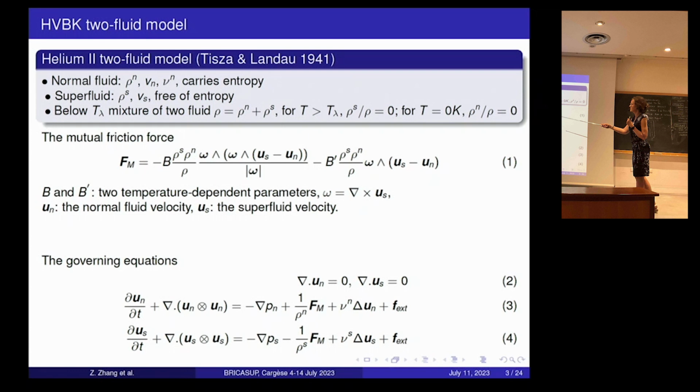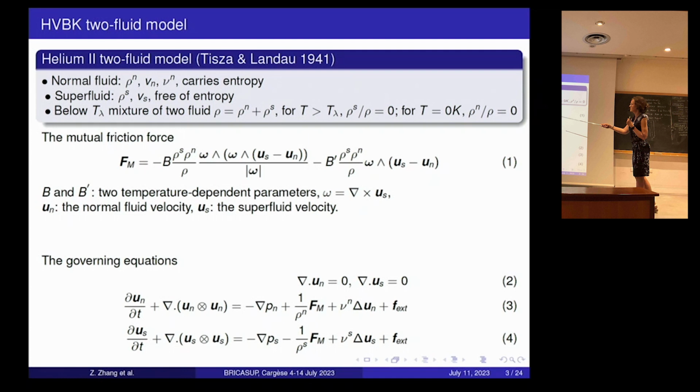In the helium-2 fluid model, there are some large scale averages for what happens at the quantum level. The total density is the sum of the densities of the normal fluid and of the superfluid. For temperature larger than T lambda, we have mostly a normal fluid, and below T lambda we have mostly superfluid.